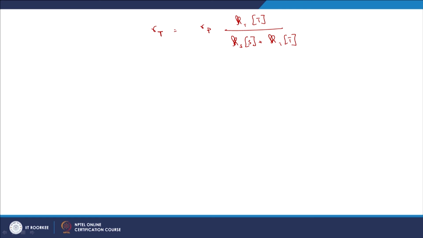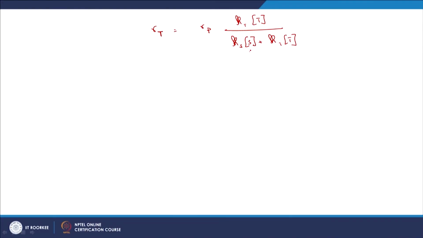So, let us just try to understand this system, right. In which cases would your system be inefficient? Either when your scavenger concentration is very high or the scavenger rate constant is high, right, and this variable can be high when either the rate constant is high or the scavenger concentration is high. Again, what does that mean?